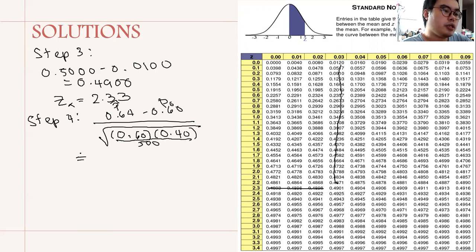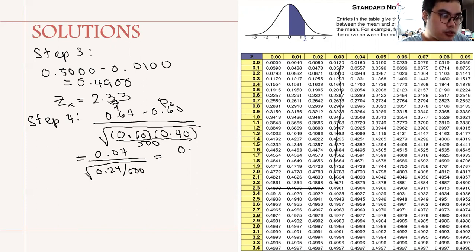So we're going to find the difference of the numerators. We're going to find the product of 0.60 with 0.40. So 0.6 times 0.4 is 0.24 divided by 500.